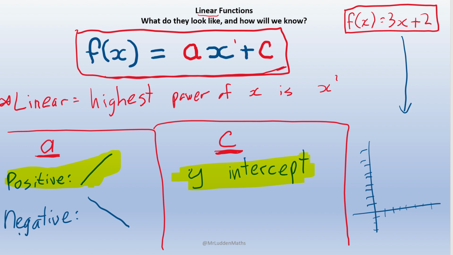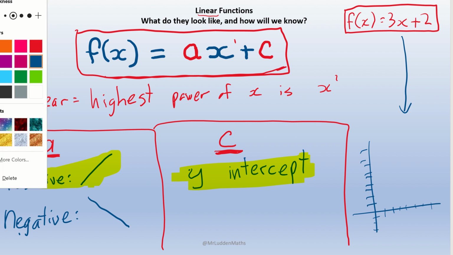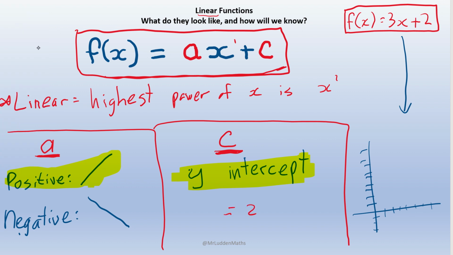I'm just going to mark my y-intercept first in red. I know that my y-intercept is going to be 2 in my situation up here, so I'm going to mark 2 up on my y-axis. Remember, this is my y-axis, this is my x-axis. Up 2.